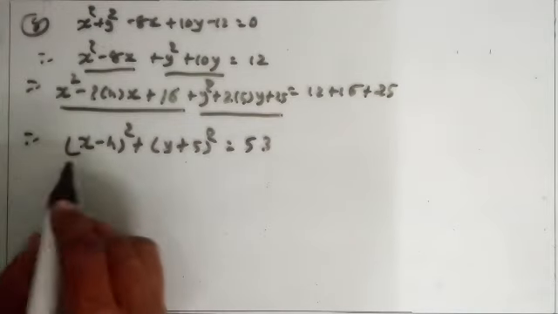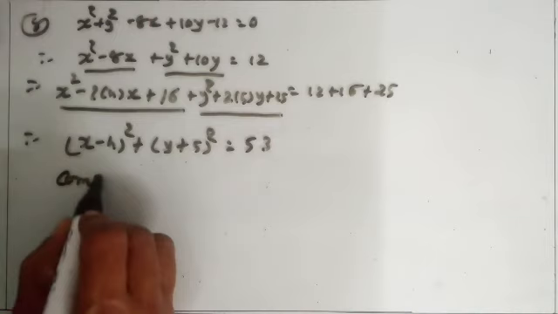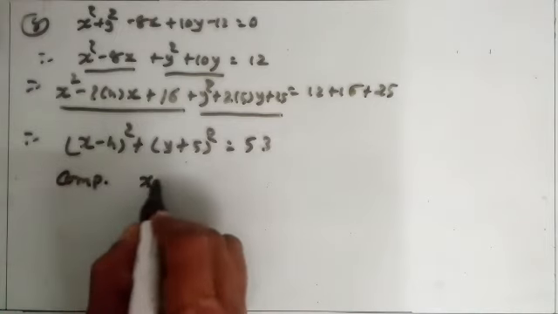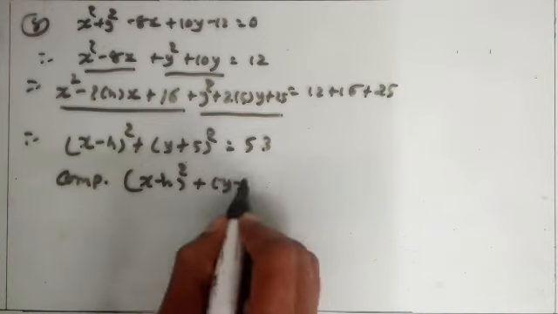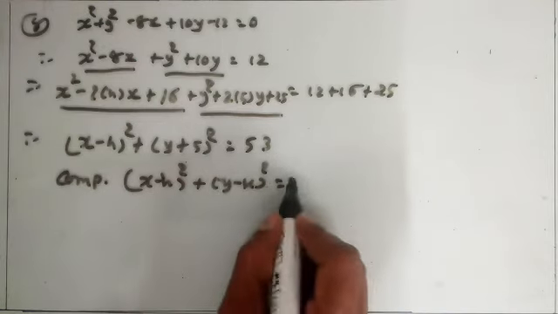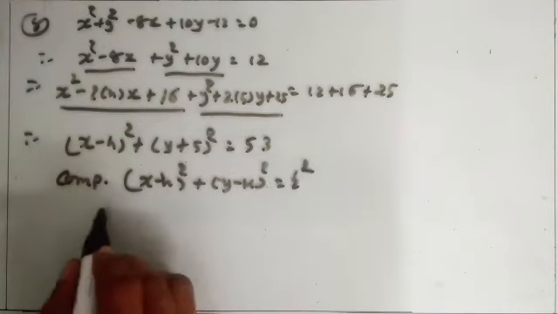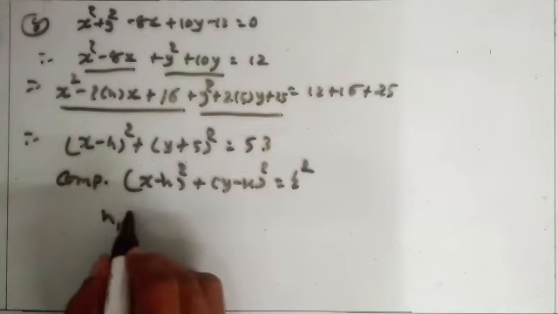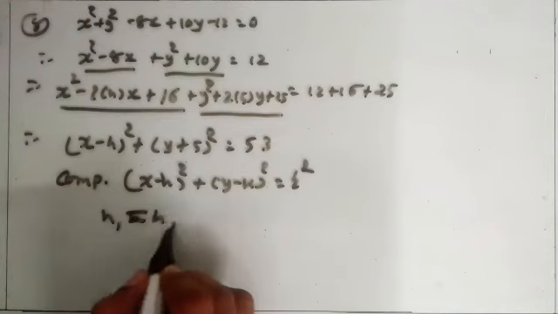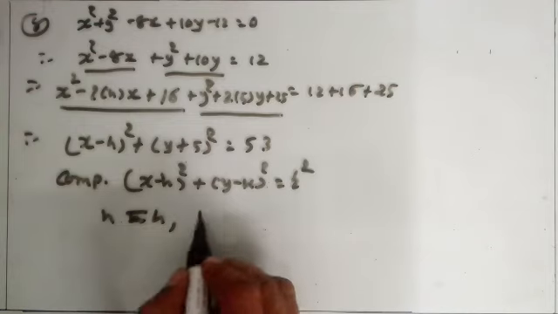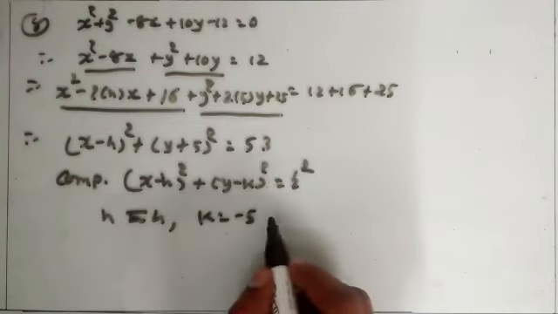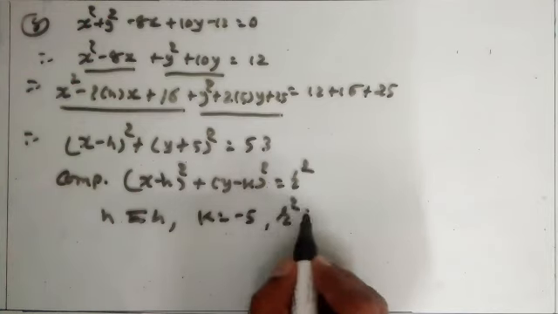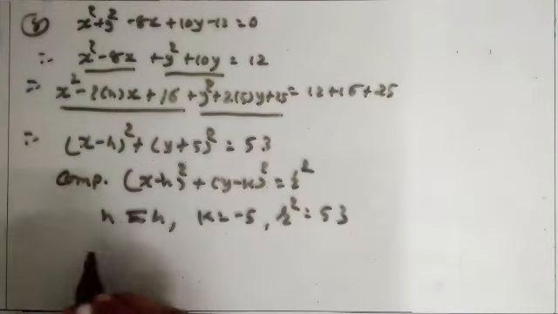Now comparing with (x - h)^2 + (y - k)^2 = r^2, we get h is equal to 4 and k is equal to -5 and r^2 is equal to 53.